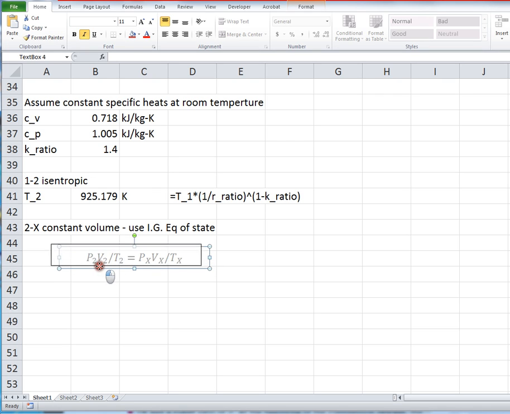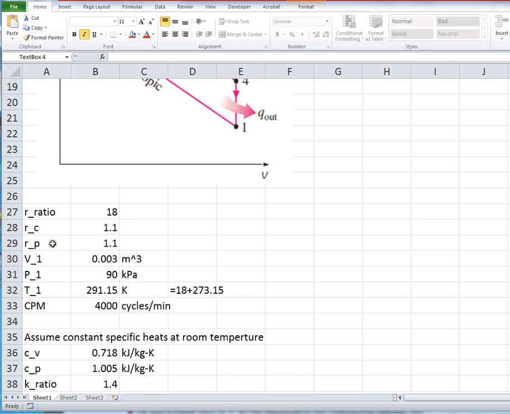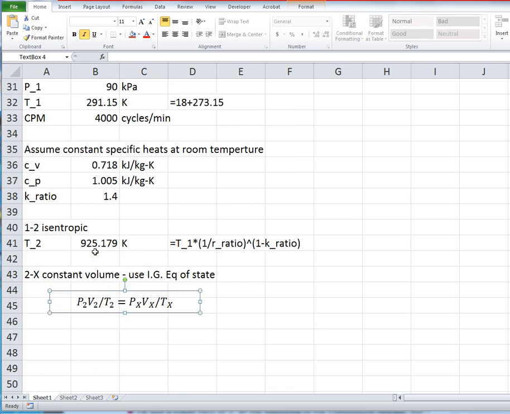Okay, so what do we know about process 2 to X? Well, the volume is constant, so if the volume is constant, those cancel out. What else do we know about that process? He gave us this pressure ratio, Px over P2, so we know what Px over P2 is. So it looks like the only thing we don't know in here is temperature Tx.